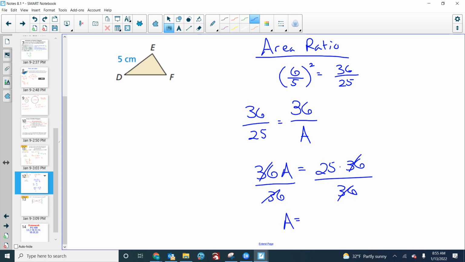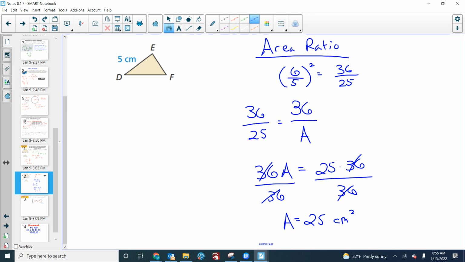A is 25 square centimeters. Did you get 25? Do you see how to do it with a little bit more complex ratio? Do you see how you probably had to set up a ratio that time? There you go.